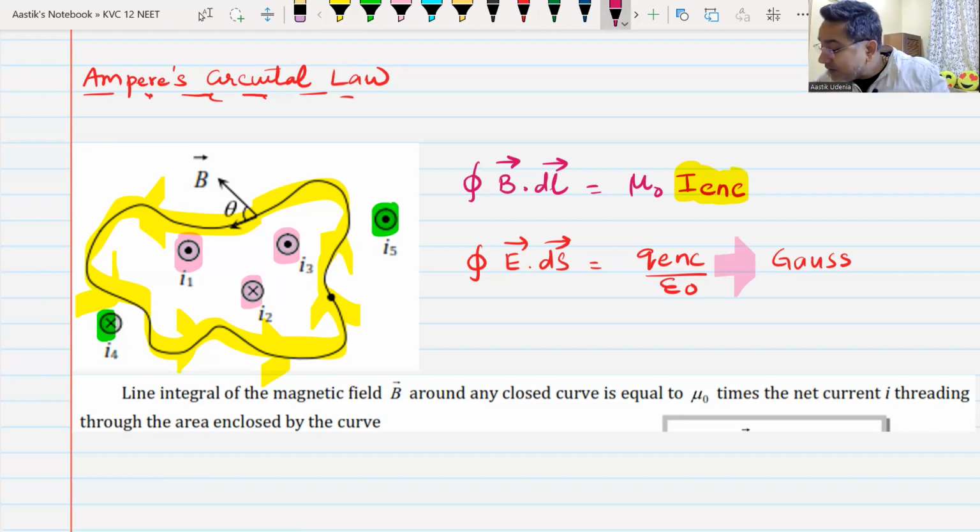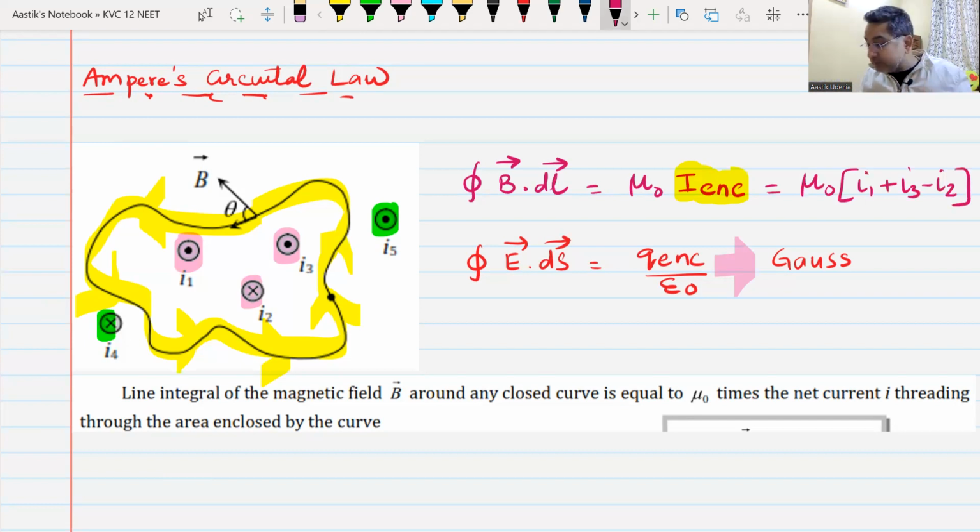So if I write Ampere's circuital law for this circuit that I have created, it will be mu naught into (I1 plus I3 minus I2). Do we understand this? Yes, sir. This is how we write Ampere's circuital law. This is just a concept. I'll give you one or two questions, and that is enough for you to understand here. There is nothing much that we can do over here.